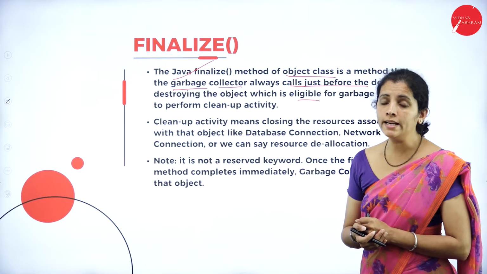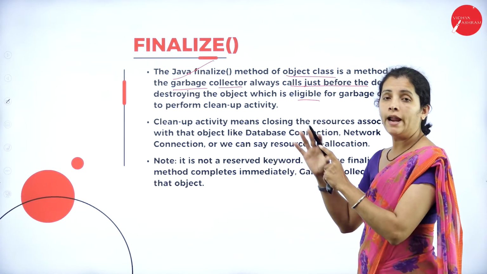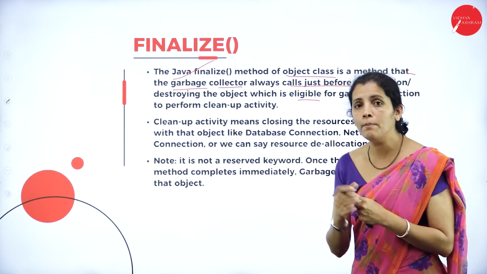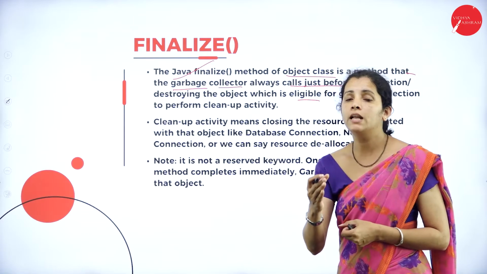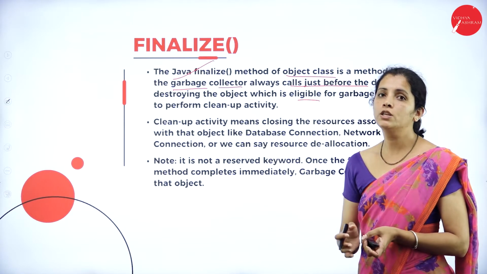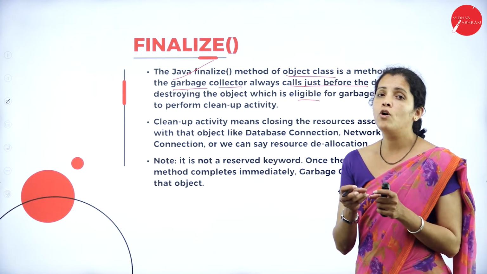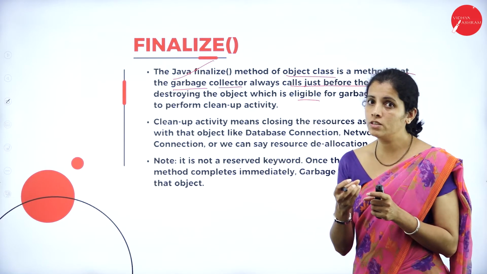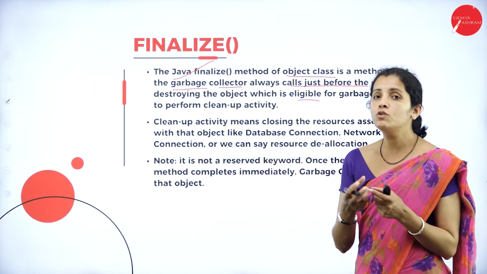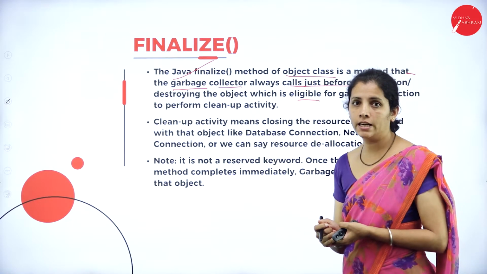So dear student, this garbage collection, cleanup, end of the connection, all those things we are going to come across in exception handling, especially under finally. In finally we are going to perform all the cleanup procedure as well as closing the connection, and all those things happen with respect to the garbage collector.